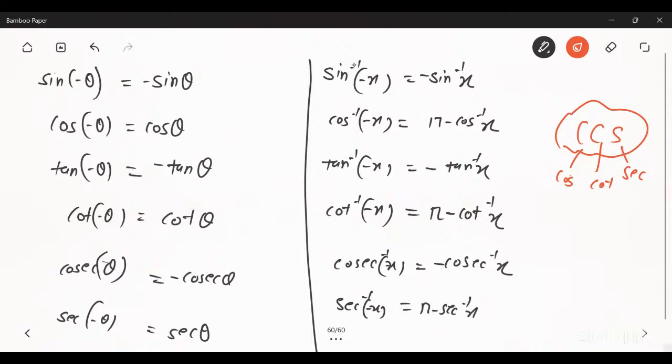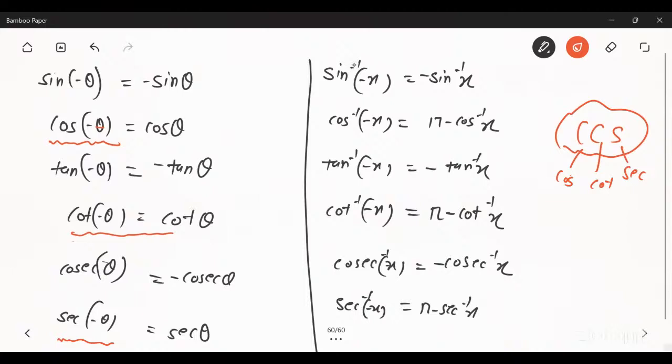Let's see: sine minus theta is minus sine theta, and here cos minus theta is cos theta. Tan minus theta is minus tan theta. Again, see, cot minus theta is cot theta. Cosec minus theta is equal to minus cosec theta, but sec minus theta is sec theta. It means these three functions show different behavior than the other functions.